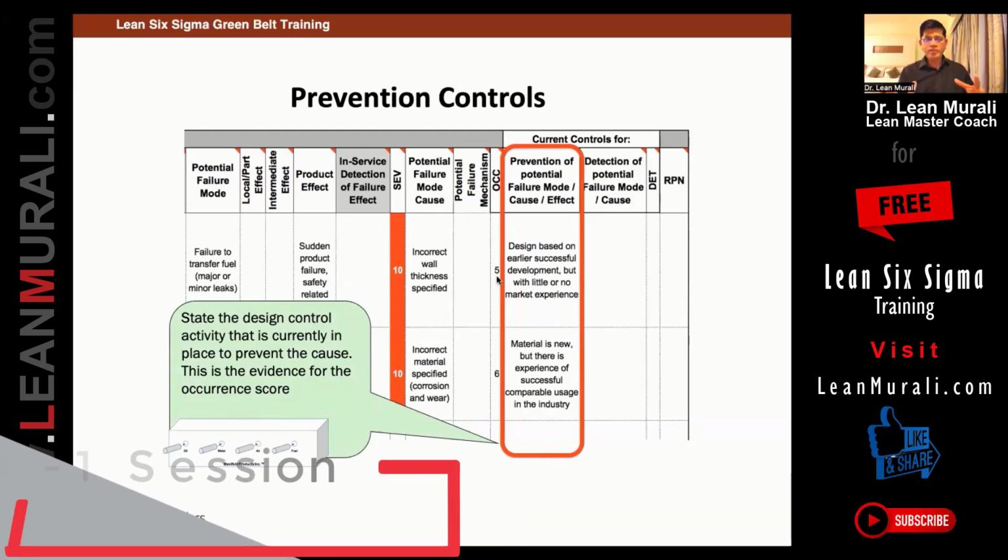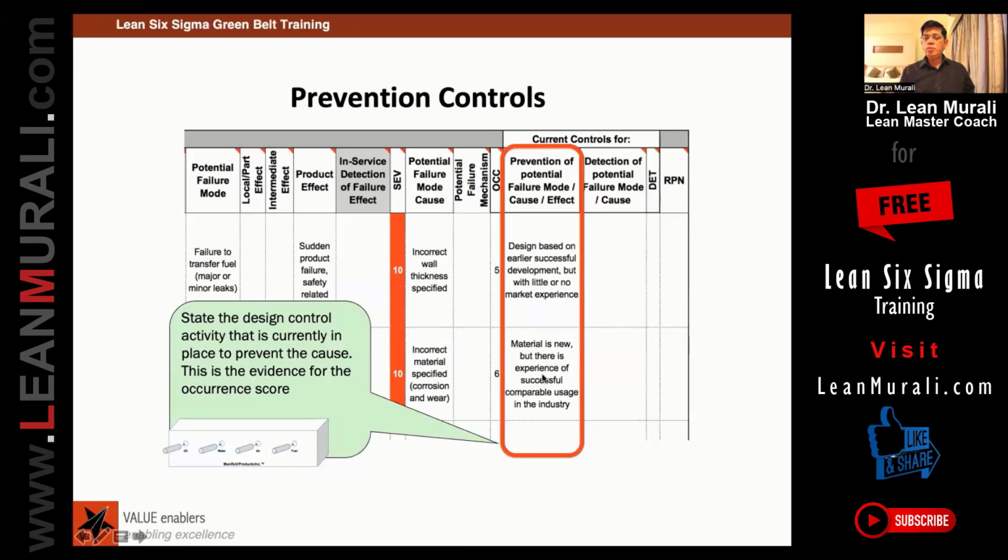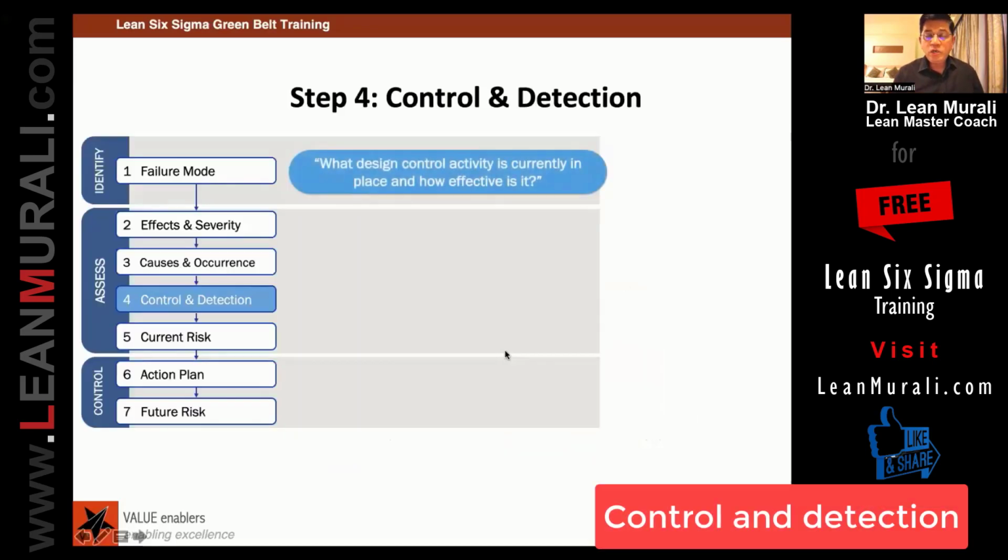This is the control we have because we are designing based on earlier design experience. That is the preventive control. The material is new, but there is experience of successful comparable usage in the industry. They are also comparing with different materials used in the industry and making the design, and that is also a preventive control.